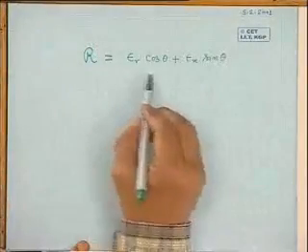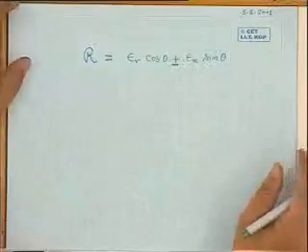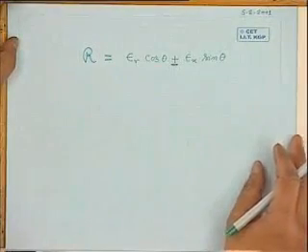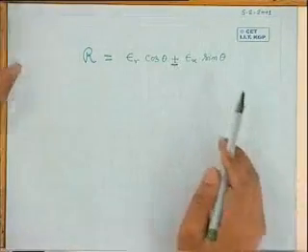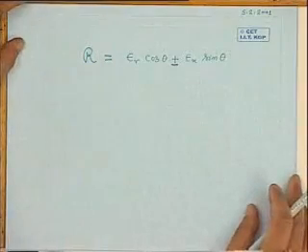So this sin theta will become minus then. So in general, the regulation formula will be plus minus this one. That I am not deriving. You can work it out, and it will be plus minus sin theta.